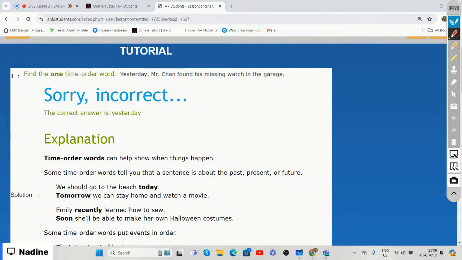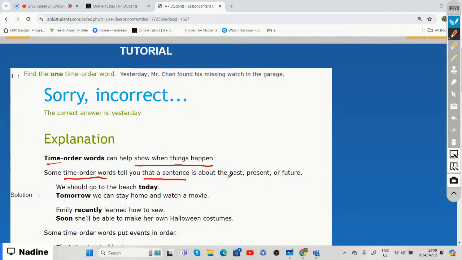So if we look at an example of time order words, like we said, time order words show us when things happen, and they tell us about a sentence that is happening in the past, the present, or the future.